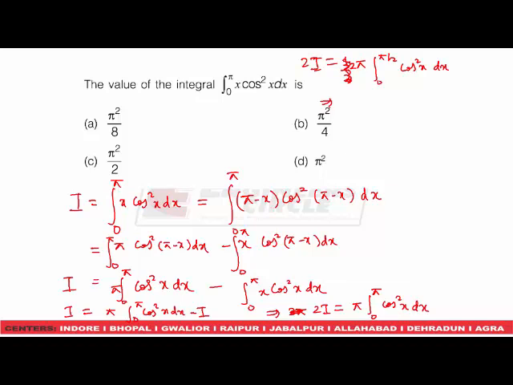So here 2 and 2 will get cancelled out. We will get I equal to pi integral 0 to pi by 2 cos square x dx.